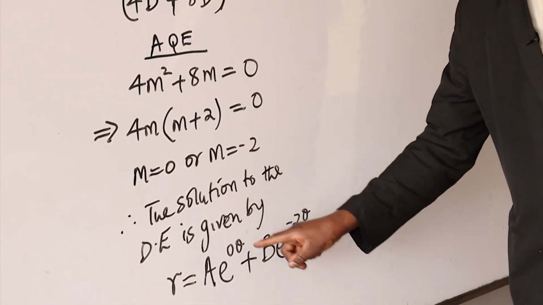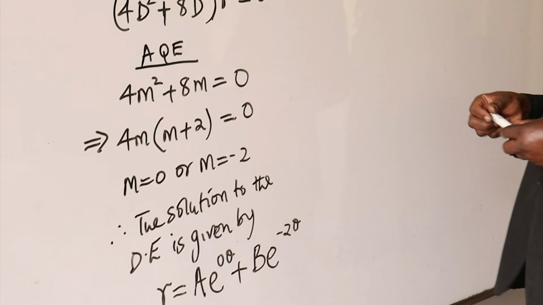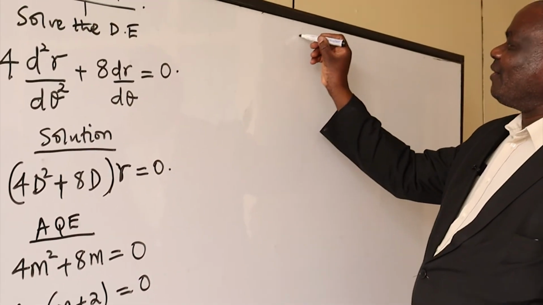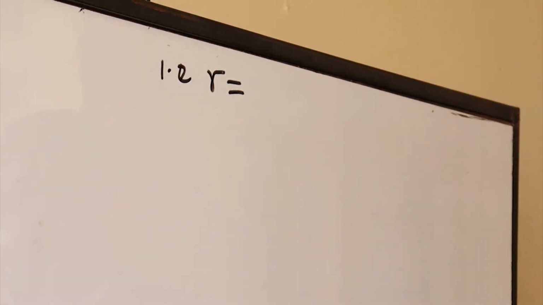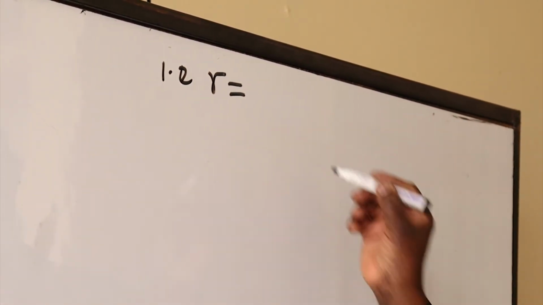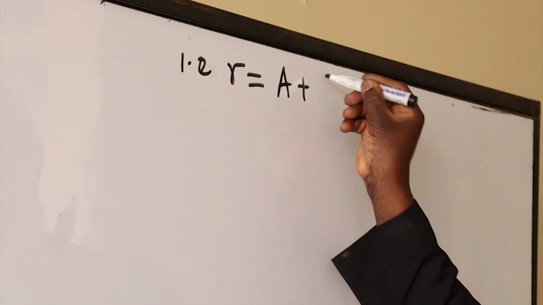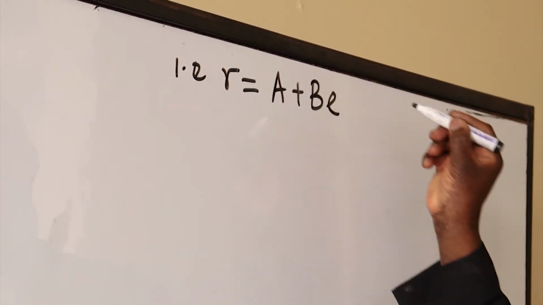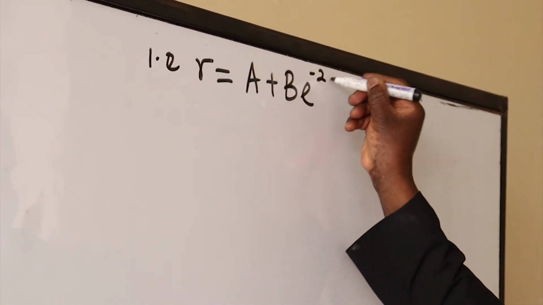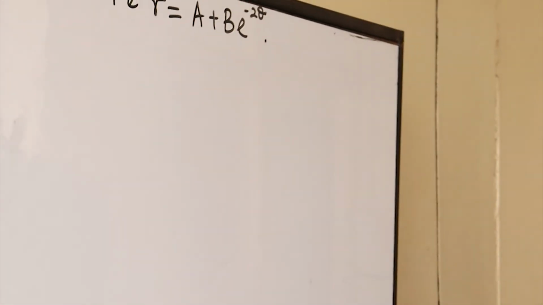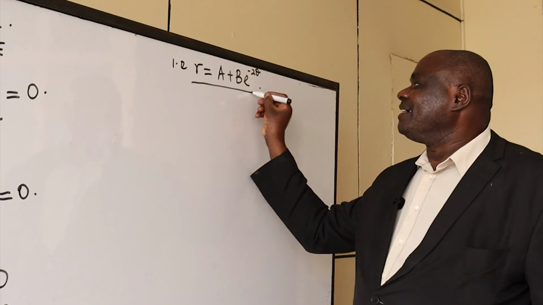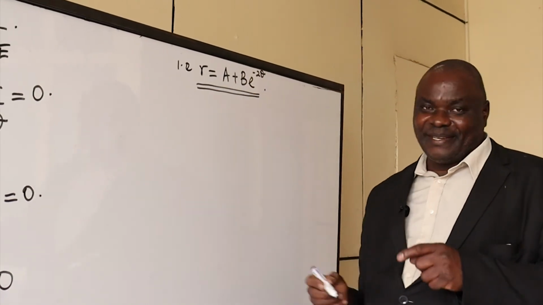Zero times theta is 0, e power 0 is 1. So the solution, that is, our r now will be equal to A plus B exponential negative 2 theta. And that is the solution to that differential equation.